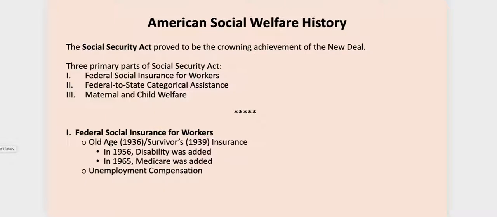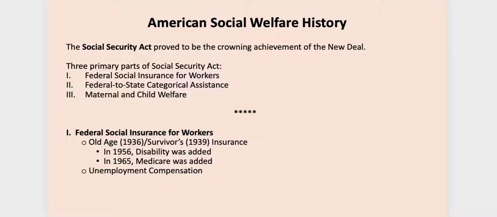Now, the Social Security Act, again, the crowning achievement of the New Deal. There are three main parts to this: federal insurance for workers, federal to state categorical assistance, and maternal and child welfare. Just briefly touching on what each of these parts are. The federal insurance for workers, the old age and survivors insurance.